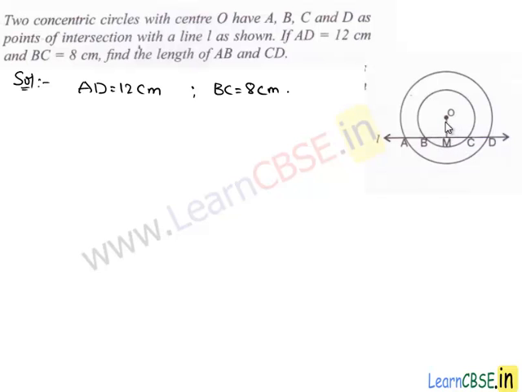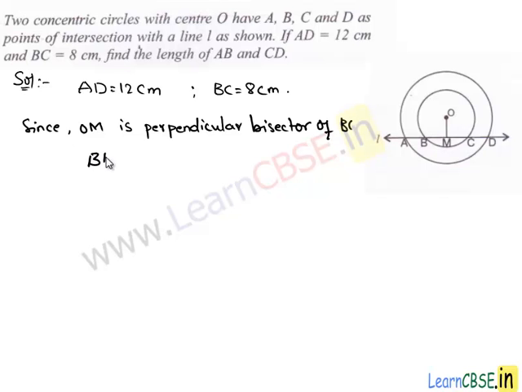That means the perpendicular divides the chord into two equal parts. Since OM is a perpendicular bisector of BC, we have BM is equal to MC, which is equal to half of BC. We are given BC, so we can find out BM and MC.